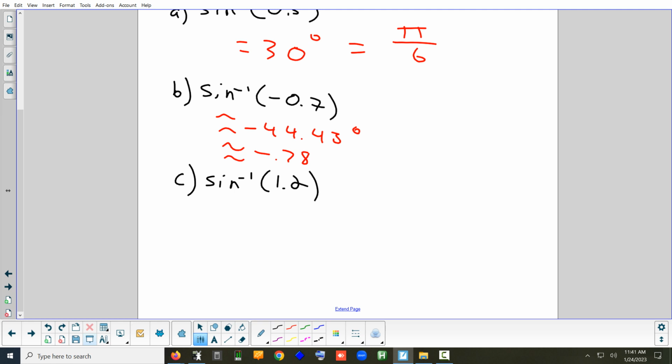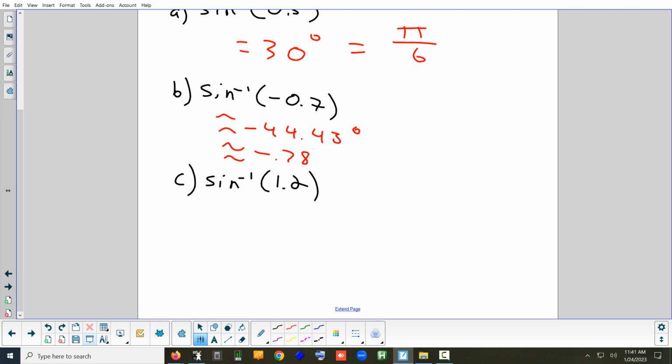Okay, inverse sine of 1.2. What's the domain of inverse sine? Because it only goes negative 1 to 1. Domain of inverse sine is only negative 1 to 1. We tried something like this earlier when Mr. Babb was in here, and I showed you can't do that. You get an error. This is outside the domain.